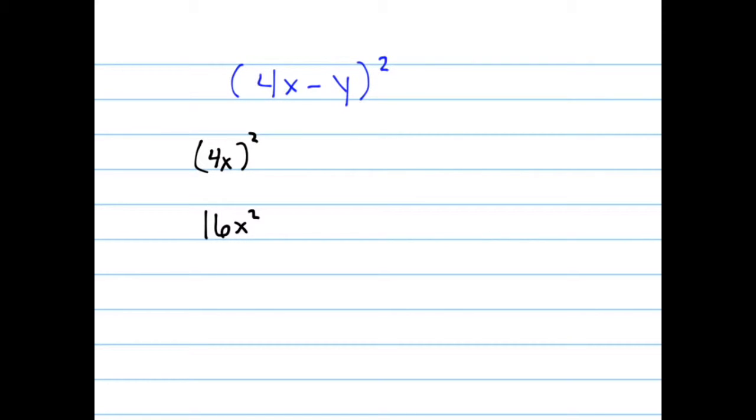I know my last term is negative y squared, which is, no, negative y times negative y is positive y squared. And my middle term is the first term, 4x, times the second term, negative y, times 2. So what's 2 times 4x times negative y?